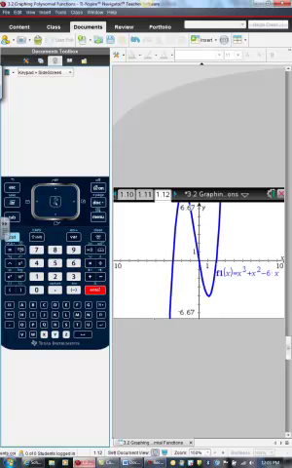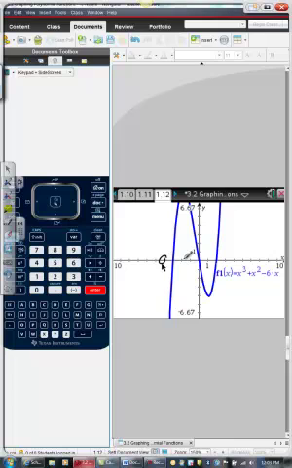When we look at the graph, there is indeed a solution between -4 and -3. And in this case, it looks like it's right on it. Or -4 and -2, I'm sorry about that. So there is indeed a solution between that. So we can justify it by looking at the graph.